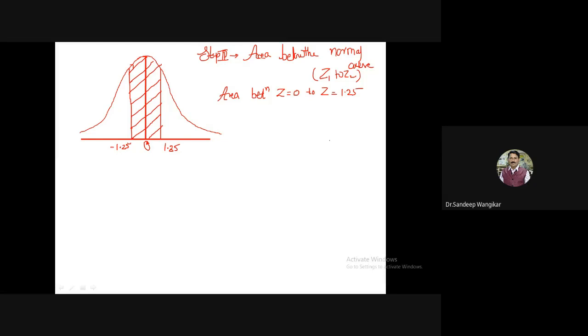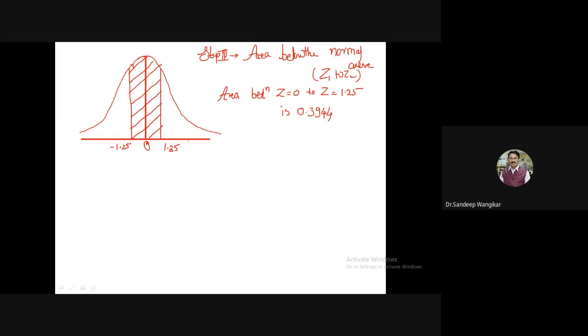So the area is 0.3944. You can see on plus side 0.3944 and again minus side area will be same. So the area between 0 to 1.25 is 0.3944.